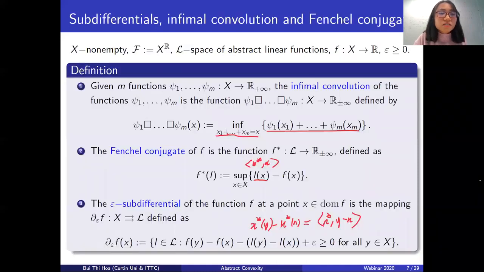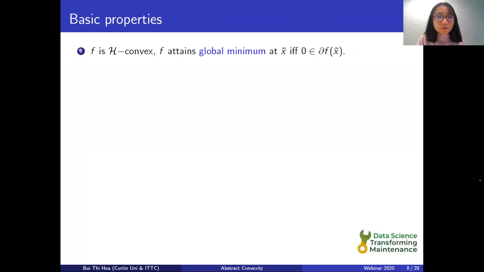So what next? With just these simple assumptions and simple generalizations, there are many properties that can be preserved in the framework of abstract convexity. The first one, and I think the most interesting one, is that a global property of convex analysis is still preserved. The main reason is because we keep the supremum operator. So if f attains a global minimum at the point x bar, then 0 belongs to the subdifferential set at the point x bar.